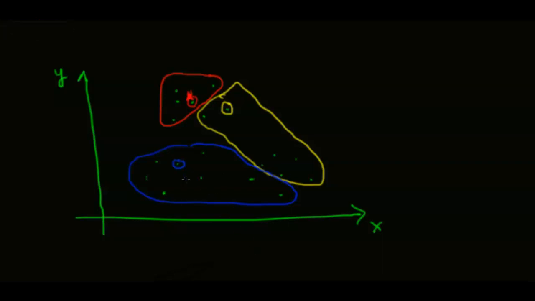And then where's the center of the blue dots? The center of the blue dots looks like it might be about here. And where's the center of the yellow dots? The center of the yellow dots might be somewhere around here. Okay, so what am I going to do?